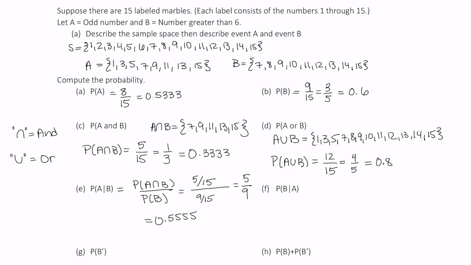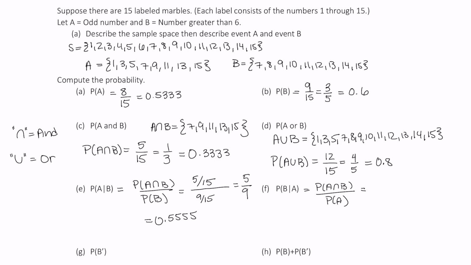Next, let's look at the probability of B given A. So this is 2 draws in a row. Assume we've already drawn an odd marble. What is the probability of drawing a marble greater than 6? So again, we have the probability of A and B in our numerator, divided this time by the probability of A. So we want to divide by the probability that the particular event has occurred.